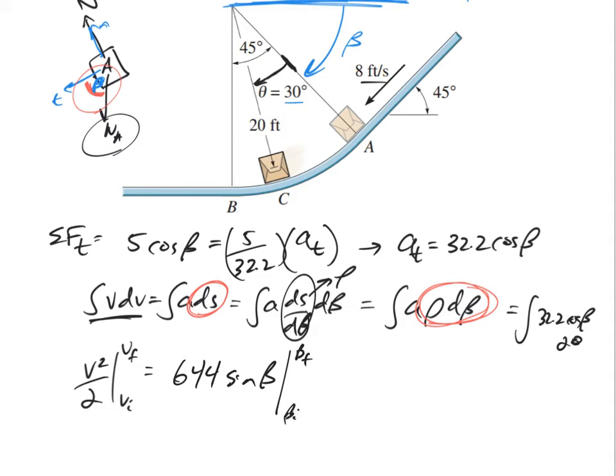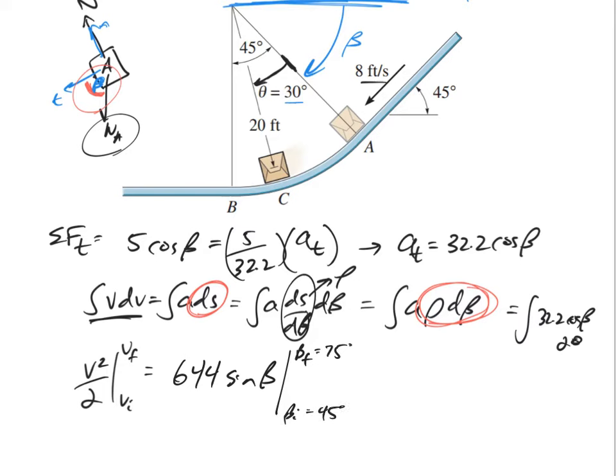And so if I'm interested in the velocity, the question asks for the velocity at an intermediate point where theta is 30. If my theta is 30, what I'm calling my beta would be 30 plus 45, so it would be at 75 degrees.